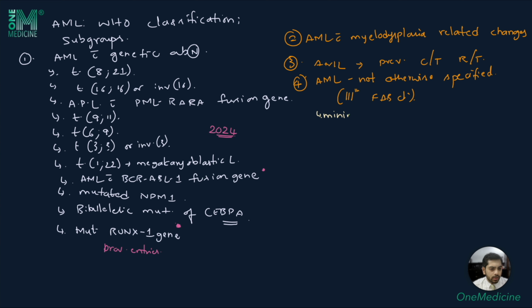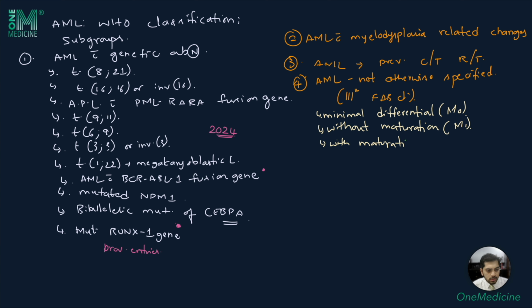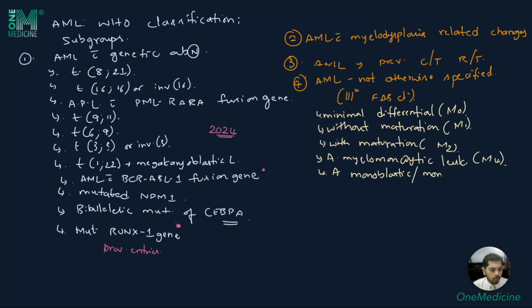AML with minimal differentiation, which is similar to M0 of FAB. AML without maturation, which is similar to M1 of FAB. AML with maturation, which is similar to M2 of FAB. Acute myelomonocytic leukemia, which is similar to M4. Acute monoblastic or monocytic leukemia, which is similar to M5.